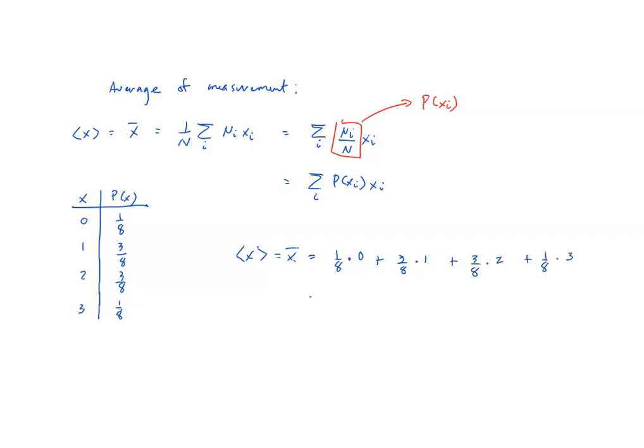Now simplifying this, we have 3/8 plus 6 over 8 plus 3 over 8. Okay? So let's add this. So we have 12 over 8. Or we can simplify this, if we divide by 4, tama ba?